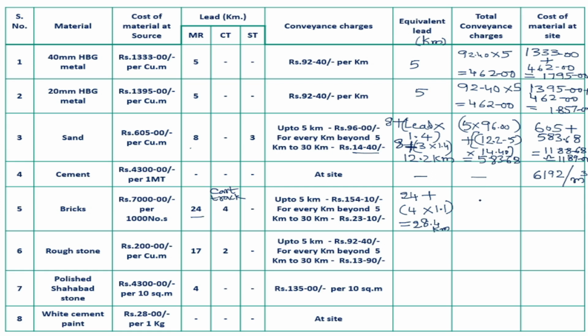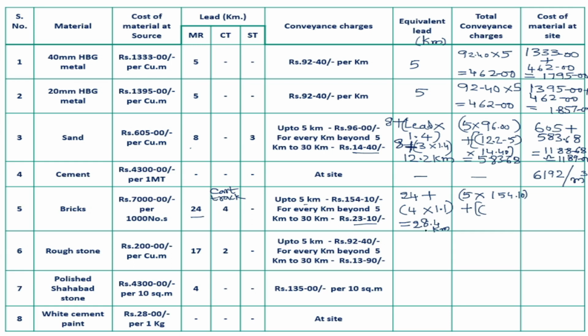Total conveyance charges are, up to 5 kilometers, 5 kilometers into 154.10 paisa, plus beyond 5 kilometers and up to 30 kilometers, the conveyance charge is 23 rupees 10 paisa.